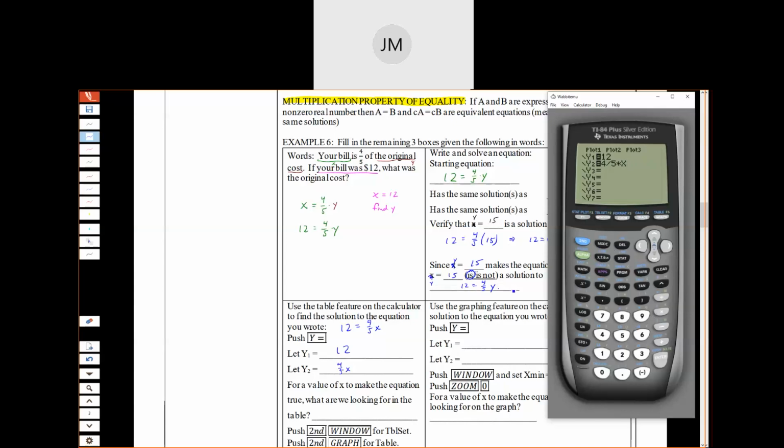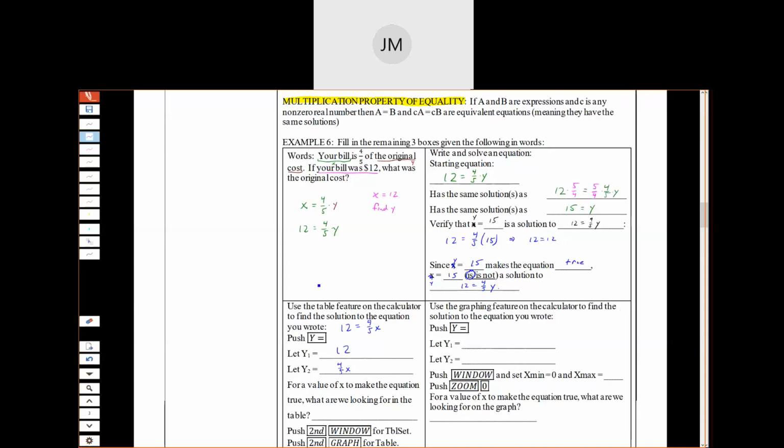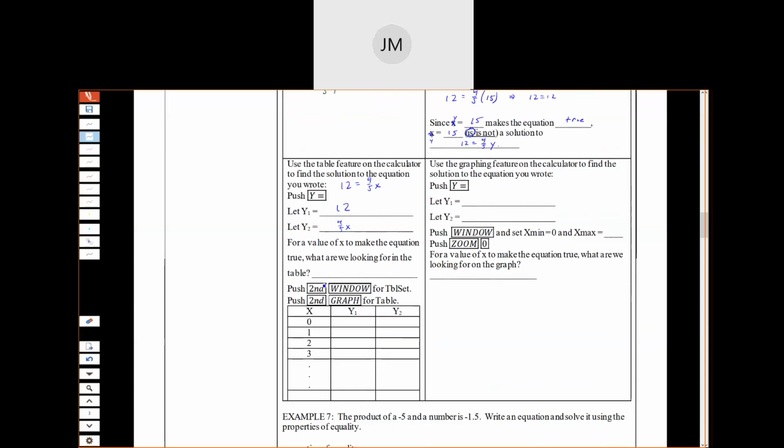Okay. And we can use the table feature again. And I'm looking for where these two are equal. So I'll just scroll down, and I see, ooh, I see 12, 12. They're equal when my x value is 15. Okay, so we're looking for where y1 and y2 match.